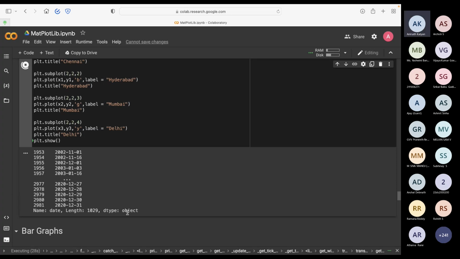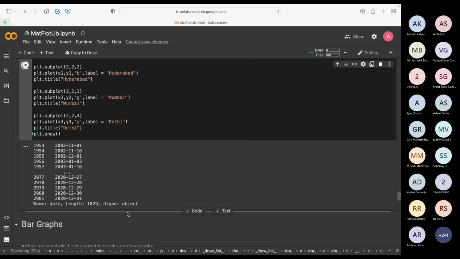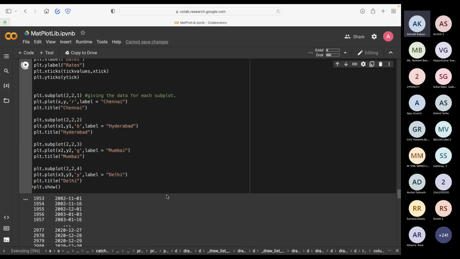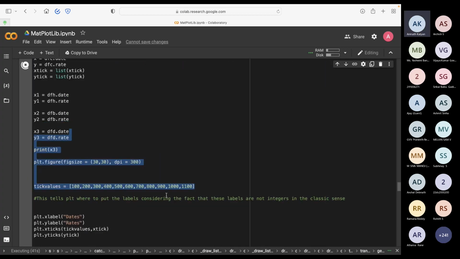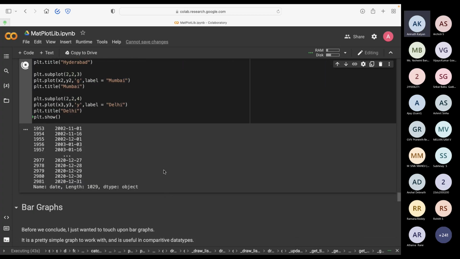Give it a couple of seconds. It's a pretty big graph, and I didn't even resize it, so this is at the default resolution. Imagine what the situation would be if it was larger, like the 30 by 30 inch I did for this. I found it very difficult.